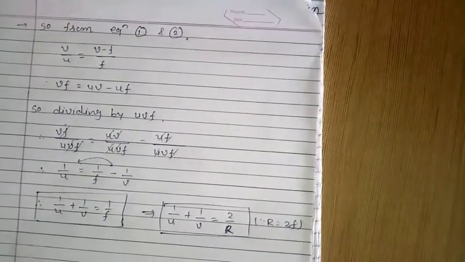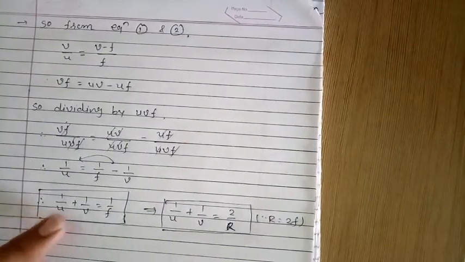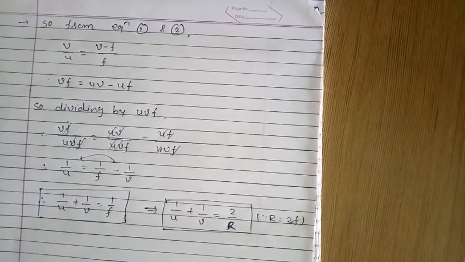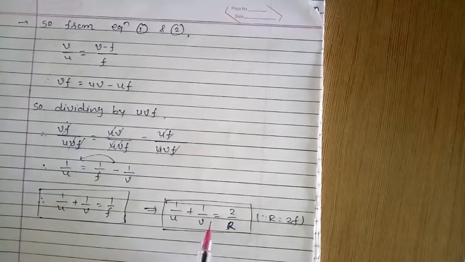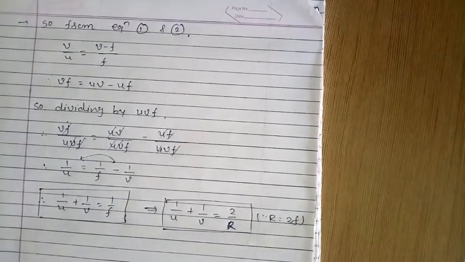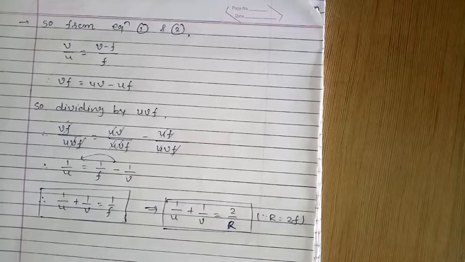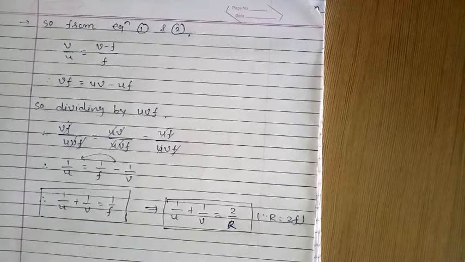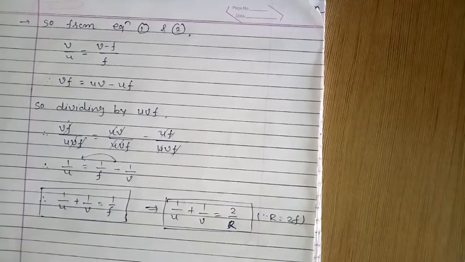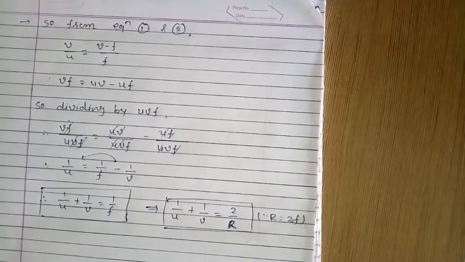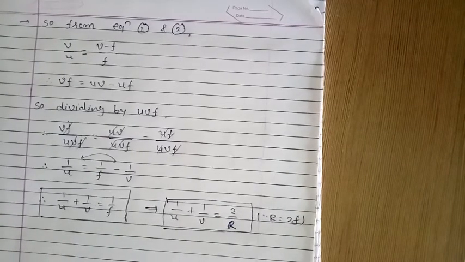So the mirror equation we can write as 1 by U plus 1 by V is equals to 1 by F, or 1 by U plus 1 by V is equals to 2 by R. You have to remember this equation.